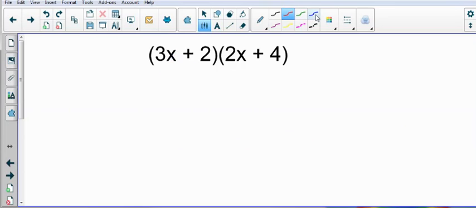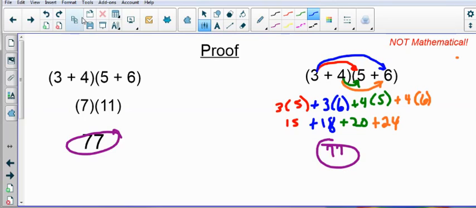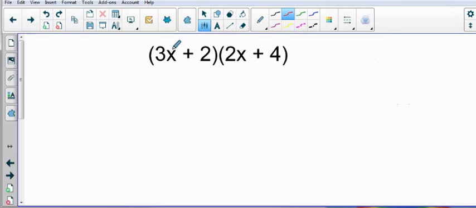Okay, we're going to start with 3x times 2x, 3x times 2x. Then we're going to go with, let me do that in a different color. I think we always start with red first. So let's do 3x times 2x.